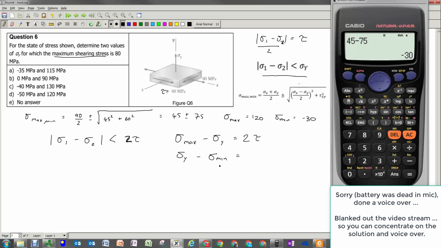So now I'm going to say that the y component is going to be the bit on the left, take away the smallest stress that I previously calculated, which will give me a positive number, and I'll set that to equal the maximum 2 shearing stress. So now it's a question of substituting my numbers in, rearranging this, and finding the two possible solutions for sigma y.